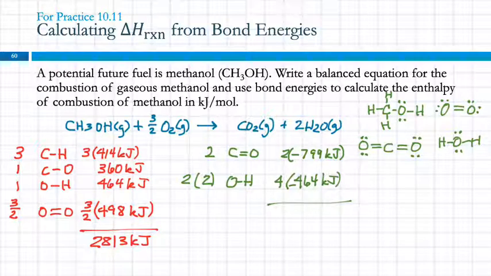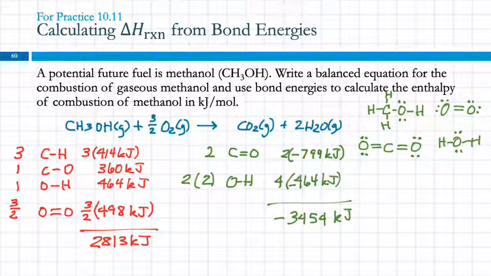So 2 times negative 799 plus 4 times negative 464 equals minus 3454. That's the payback. That's what gets released.